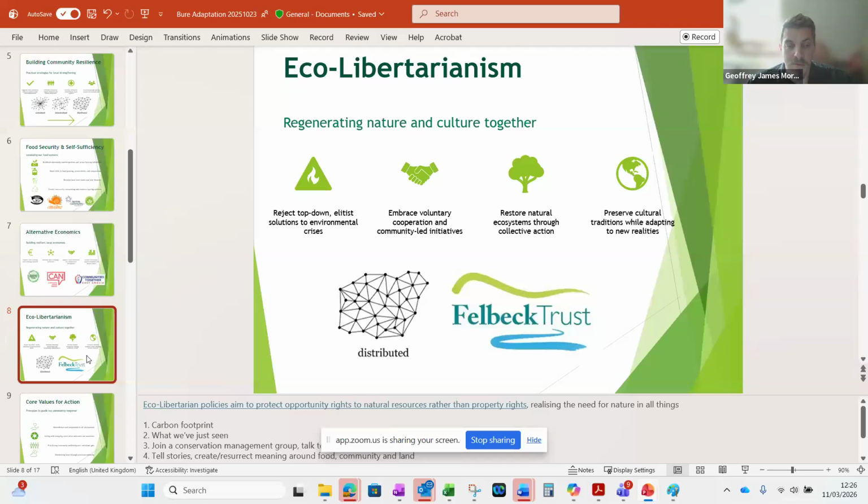Most towns as well, most communities have some sort of conservation management group, whether that's doing woodland work, working on rivers, doing tree planting or gardening or looking after verges or something. They're good hubs of people that want to become active to do something good in their local area and are using the energy that they have to do something good.